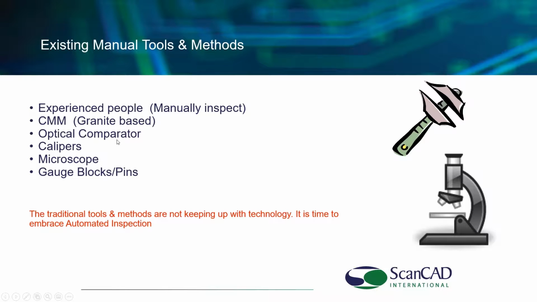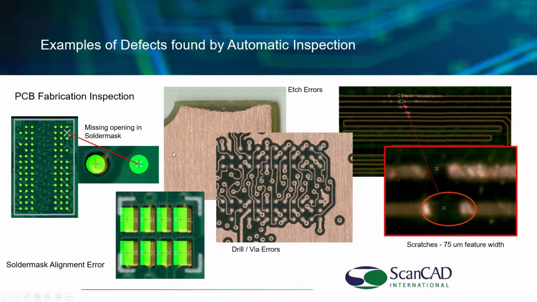In some cases, you'll have access to a CMM, a coordinate measurement machine. But the bottom line is these kinds of technologies just are not effective when you're looking at the types of errors that are in today's manufacturing environments. I've got a variety of images I'd like to show you as we move through this today, and we'll also go and actually play with the software itself.